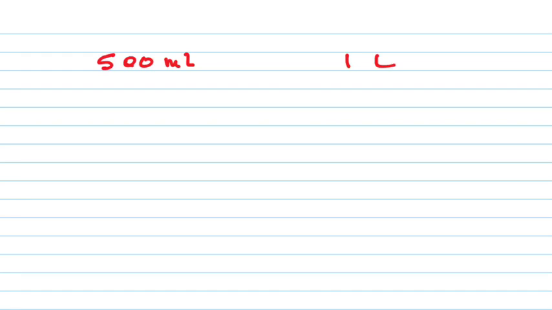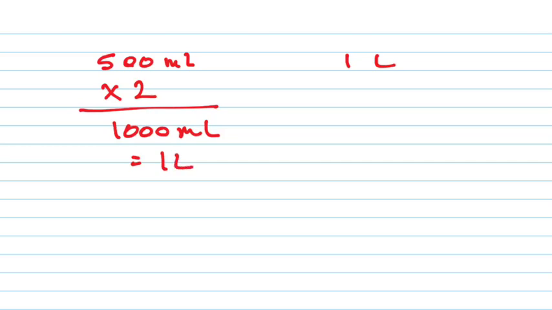How nice are we? So I can turn this milliliters into liters by multiplying it by what? 2, which gives you 1,000 milliliters, which is 1 liter, right? So you can turn milliliters into liters by simply multiplying to get it to be 1,000, right?